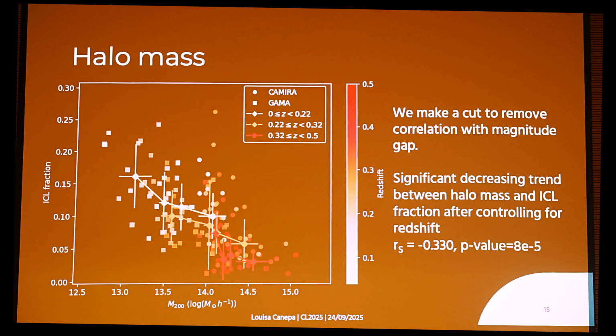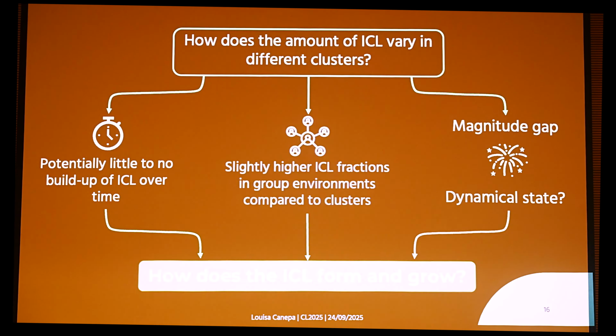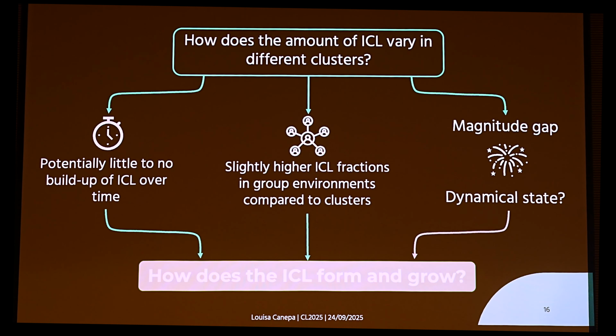And once we control for redshift, we do still find a significant decreasing trend between the halo mass of these clusters and their ICL fraction. So this means that we're seeing slightly higher ICL fractions in group environments as compared to cluster environments.